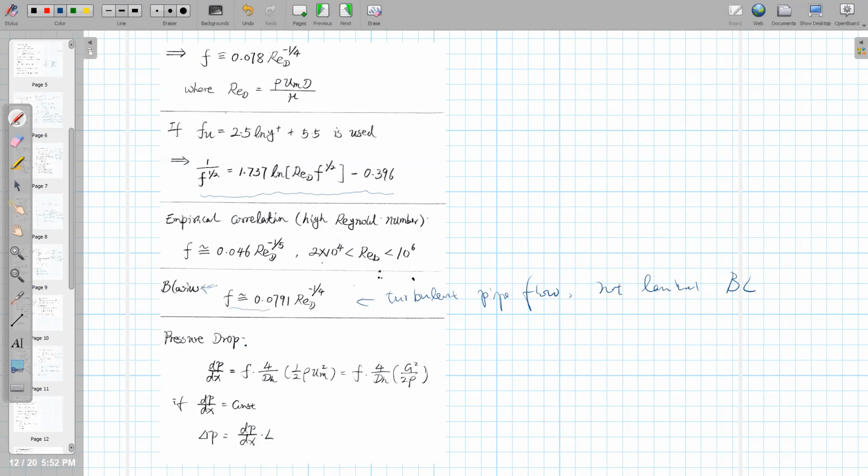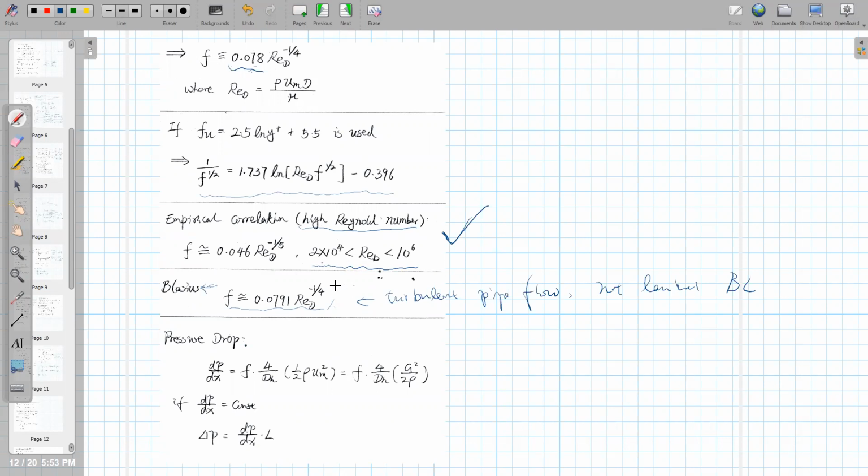You can see that this is experimental data, an empirical relation, and this one is very close to this 1/7 law. But this is not commonly used. This is what we commonly use from the empirical data. This is an empirical correlation for what F will be in fully developed turbulent pipe flow, but only for high Reynolds number. This empirical correlation is only in the range where the Reynolds number is larger than 20,000.